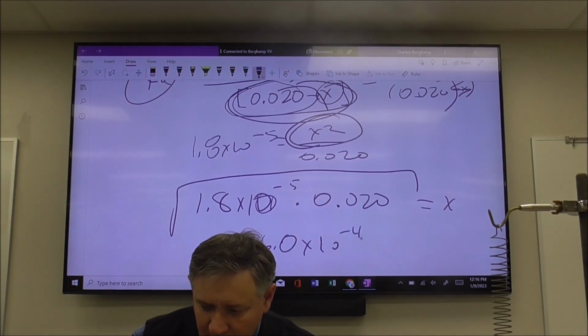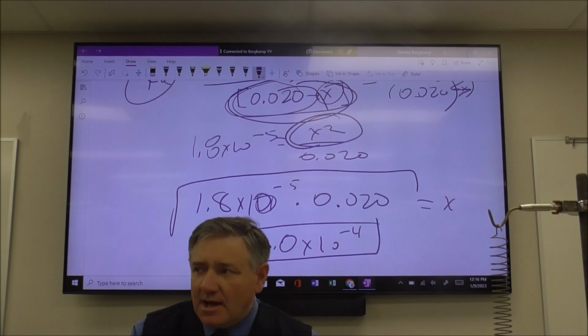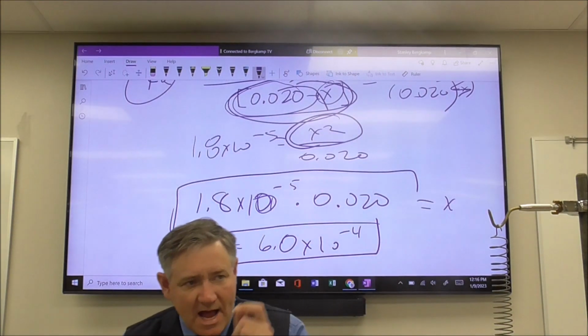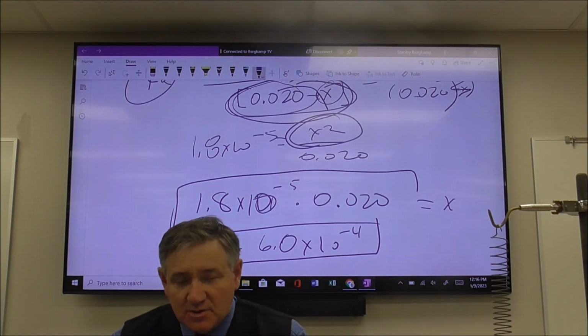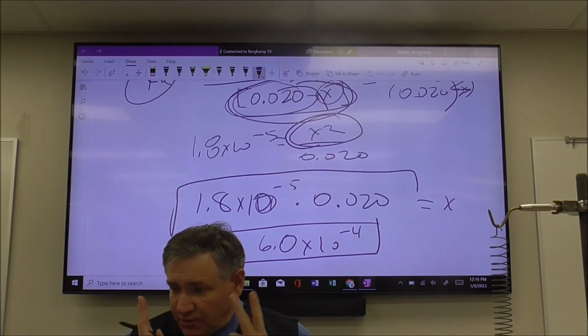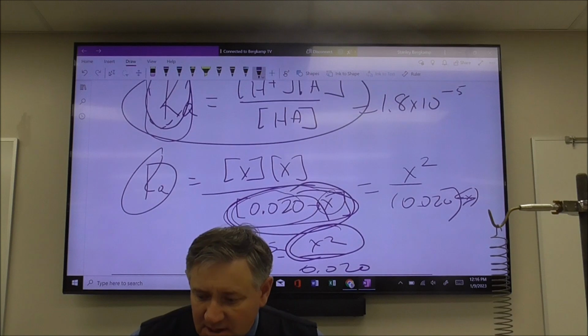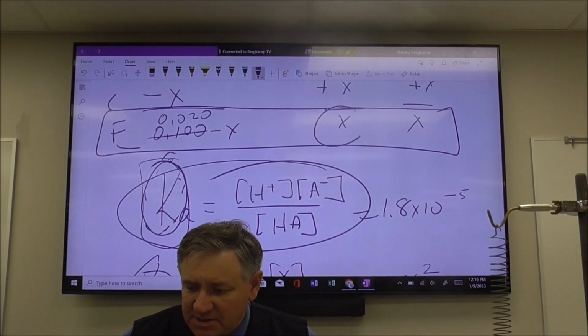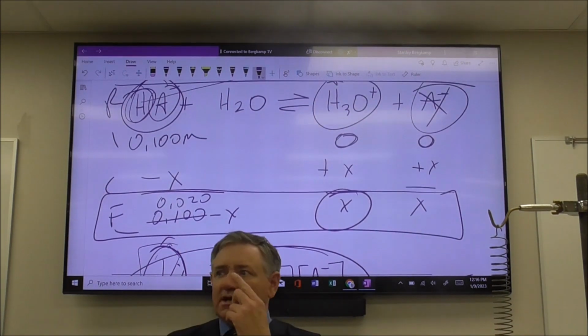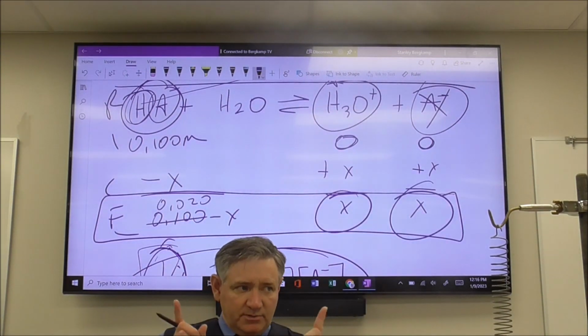Negative fourth. Okay. Now, at this point, you have to understand what that X is telling you. That X actually tells you two things. It tells you your hydronium ion concentration, and it tells you your anion concentration, because it's a 1-to-1 ratio.